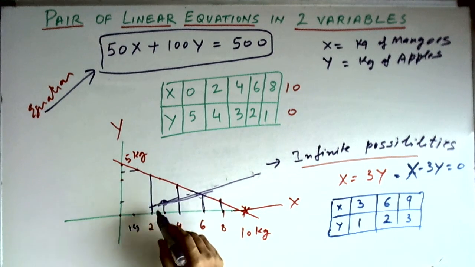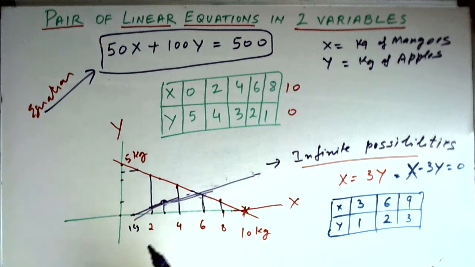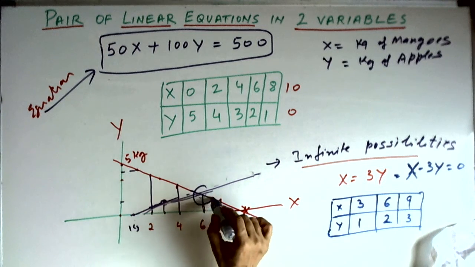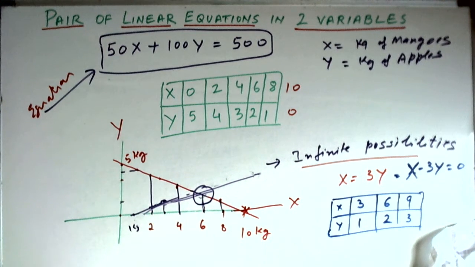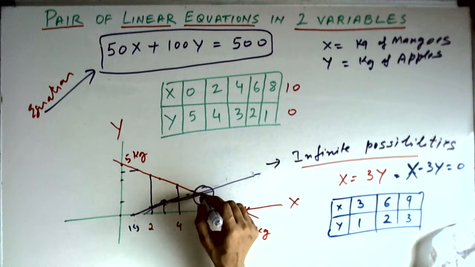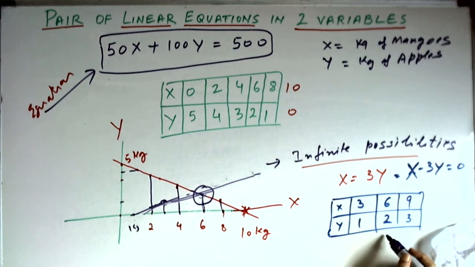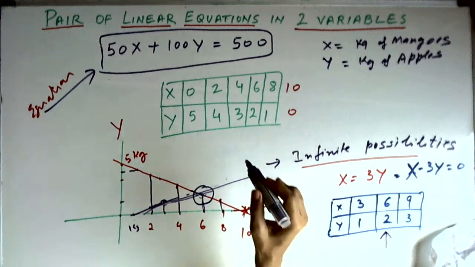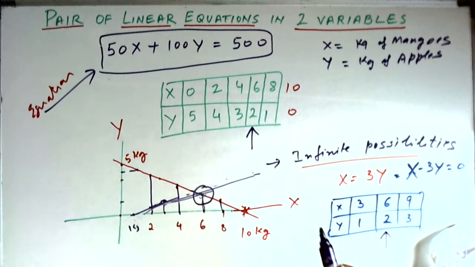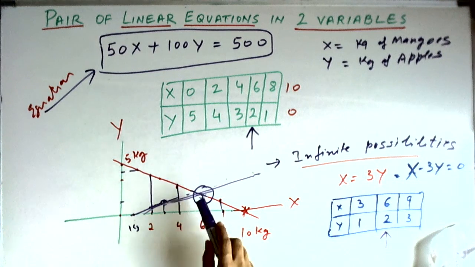Now these two lines are intersecting at this point. And at this point, the condition is satisfied. This is the condition here, and this is the condition here. So both conditions are met only at one point.